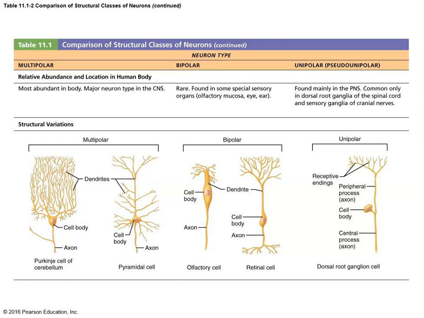If we look at some different examples of these types found throughout the body, the multipolar we would find in places like the cerebellum. And here we see the Purkinje cell of the cerebellum. The cerebellum's job is to coordinate skeletal muscle function. Let's say the brain decides that you want to make a fist.